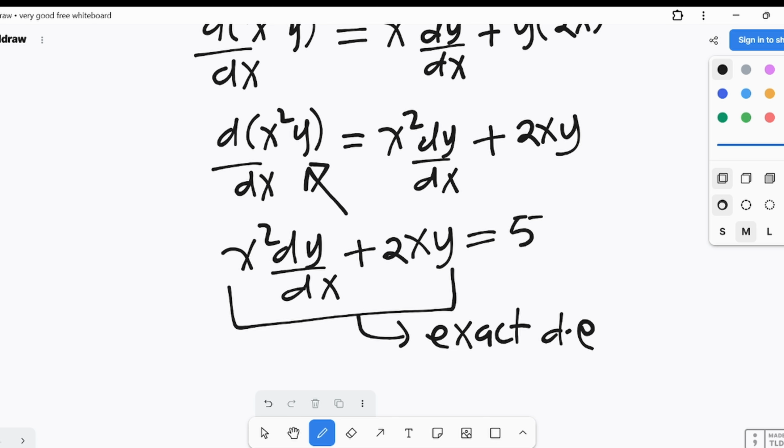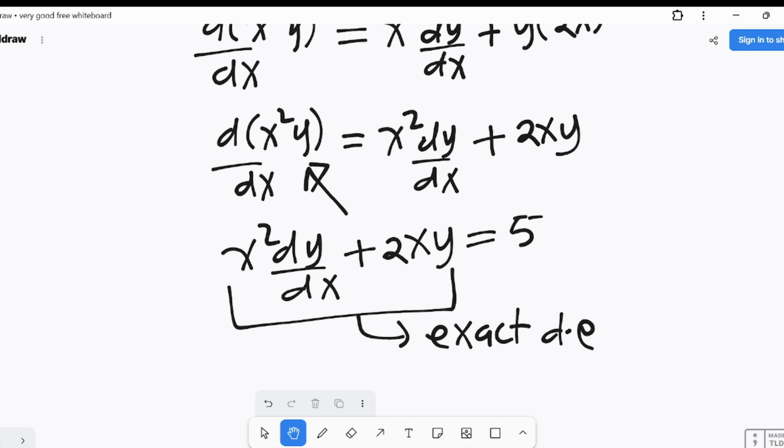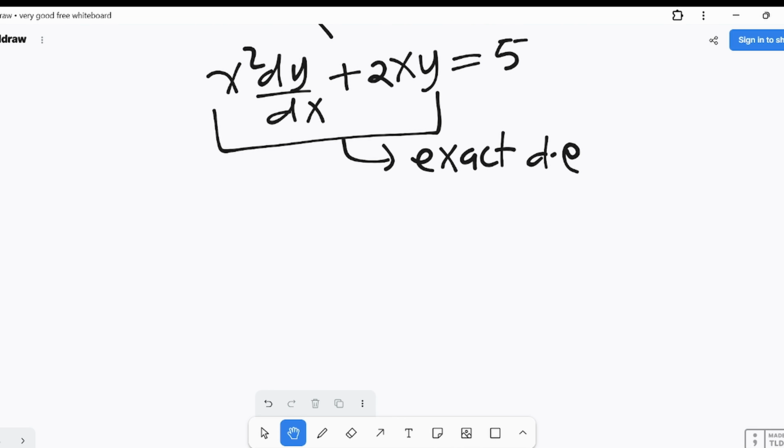That is when we go to our example. How do we see that this one is exact, this one is not exact? Let us see. Example 1.